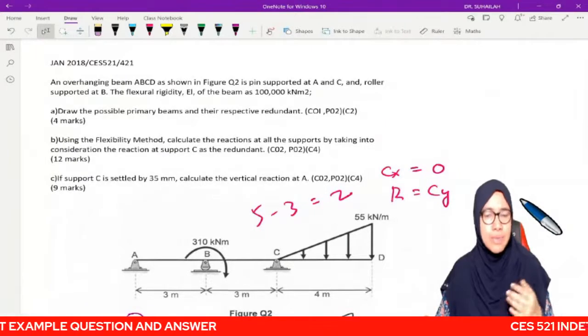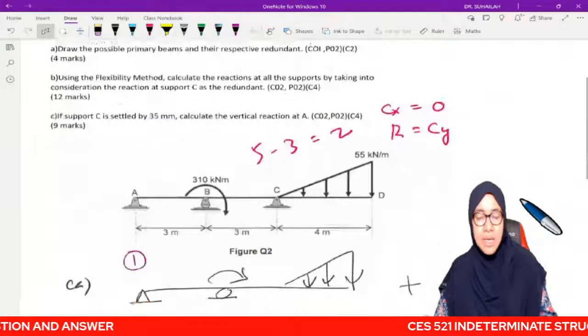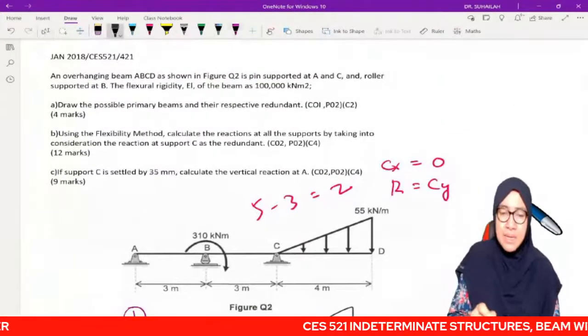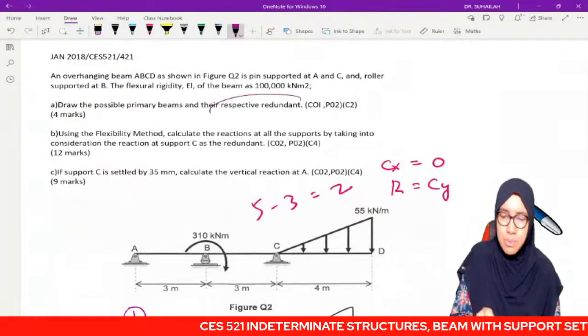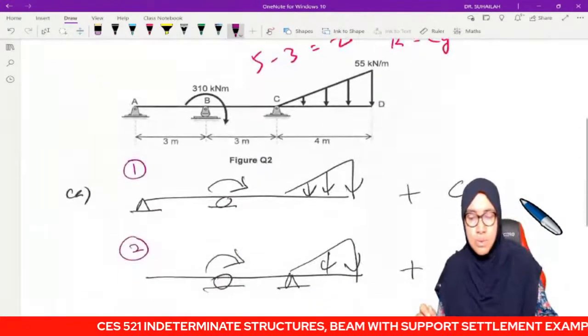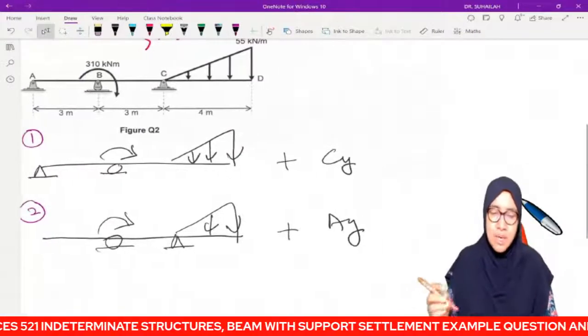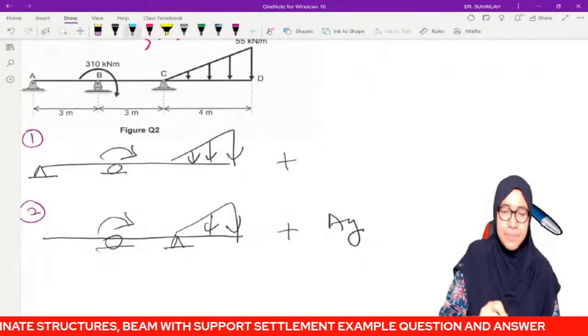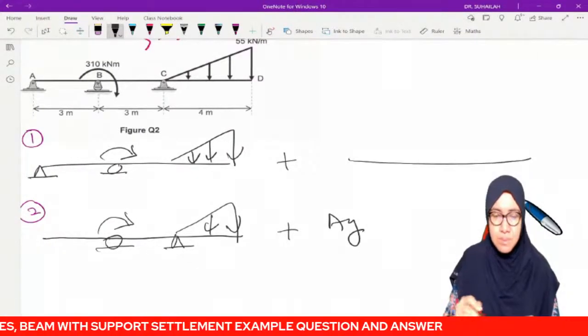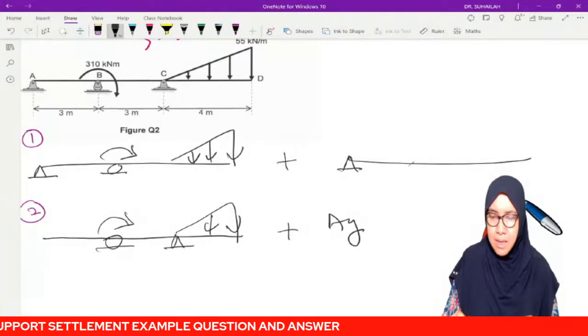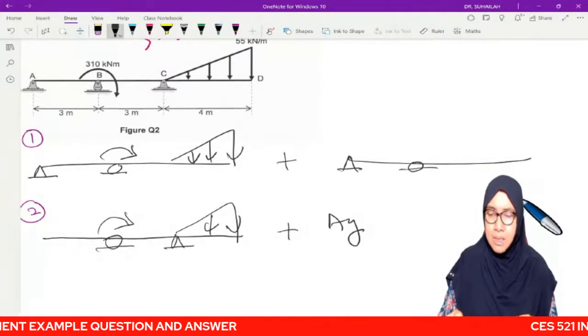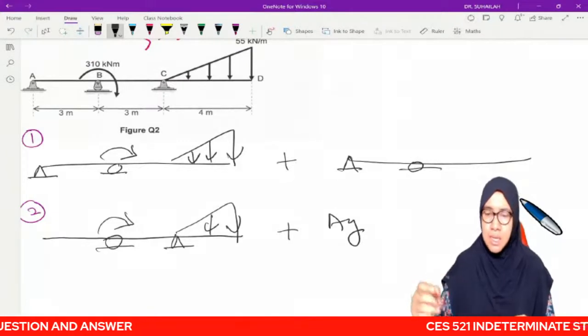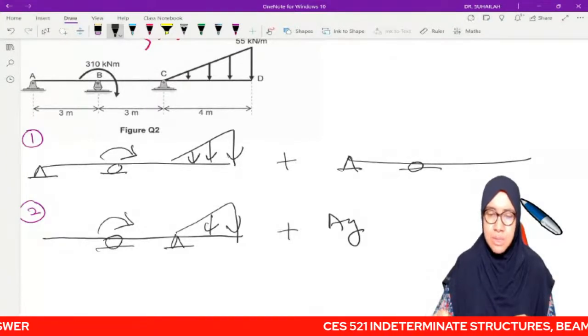Draw possible primary beams and their respective redundants means that this one also we must draw. So we will have pin at A, roller at B, and CY.